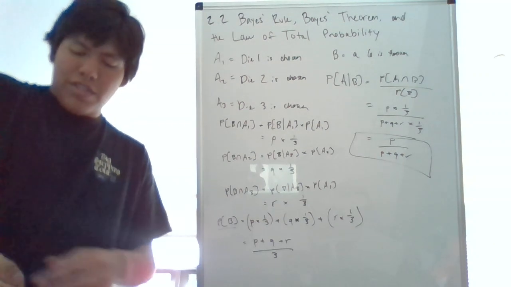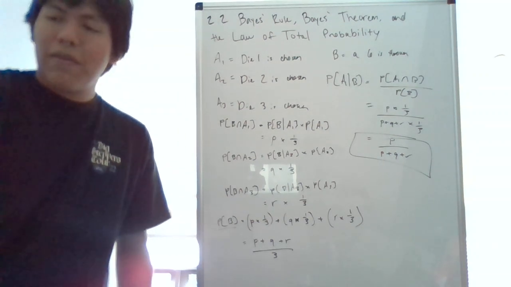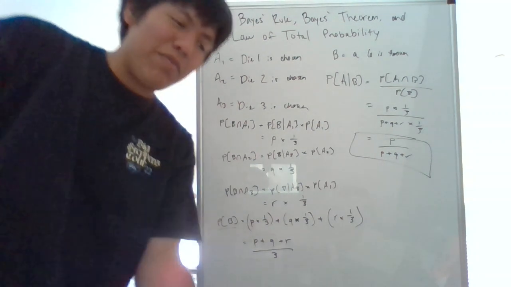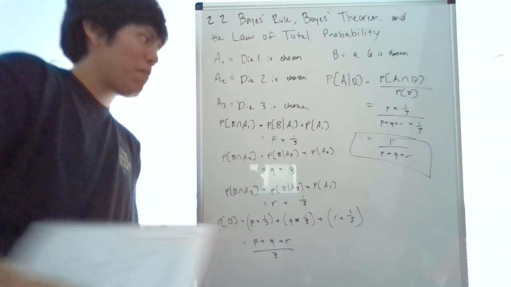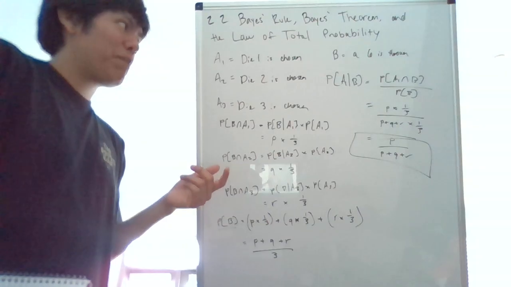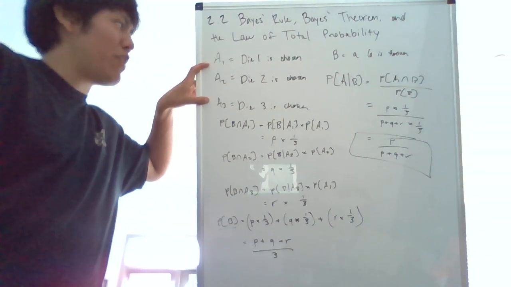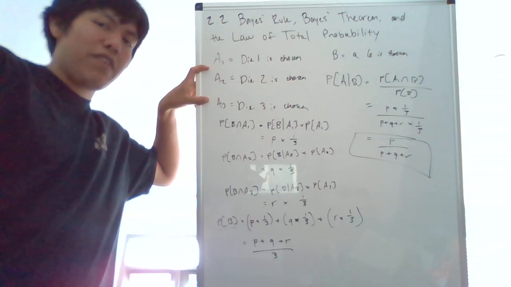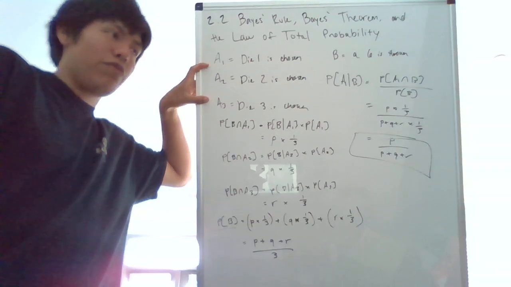So again, we still ended up using that same 4-step process, but there was no A complement to solve this time because we have more than just 2 events. We have 3 dice to choose from.